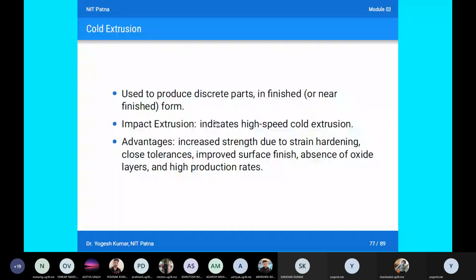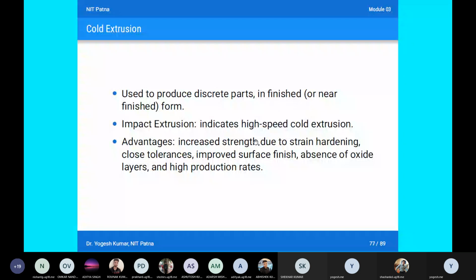Then we will come to cold extrusion. In cold extrusion, near net finish, or close tolerance, can be achieved because there is no distortion in the final product due to cooling, since the process is carried out at room temperature. Generally cold extrusion is carried out using impact energy, or it is called impact extrusion, because very high energy is needed to extrude the material at room temperature.